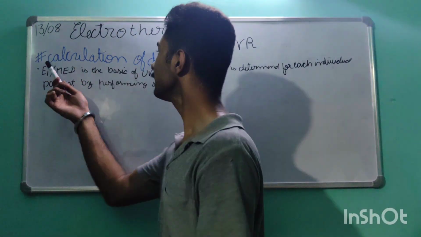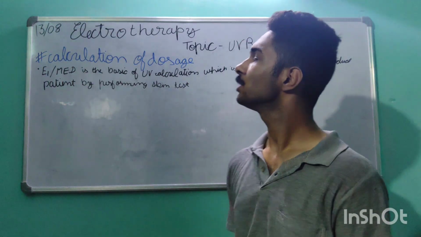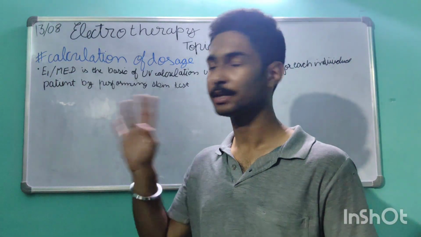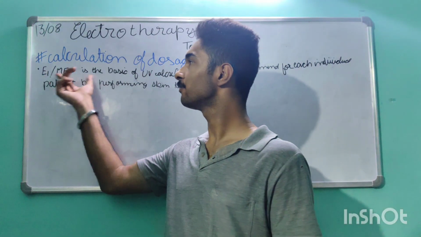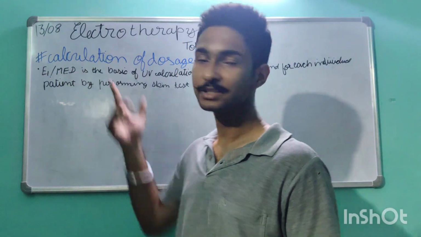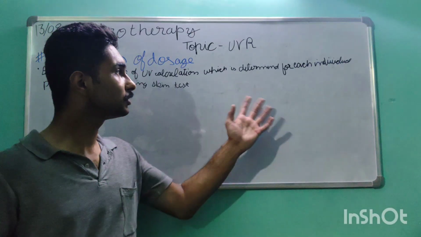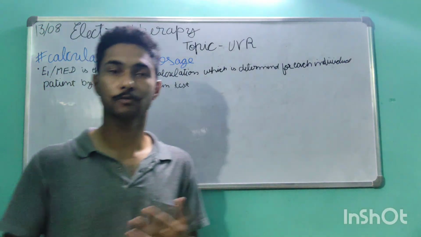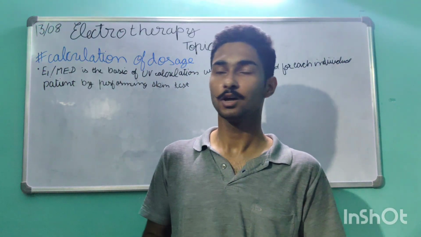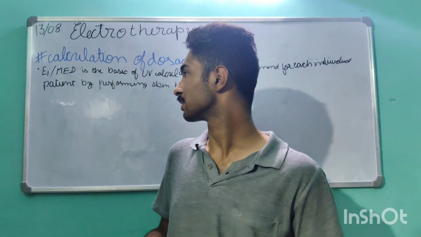So now we go to the calculation of the dosage subtopic. In that there are E1, E2, E3. E1 is MED. What is that? This is the basis of the UVR calculation, which is determined for the individual patient by a skin performance test.